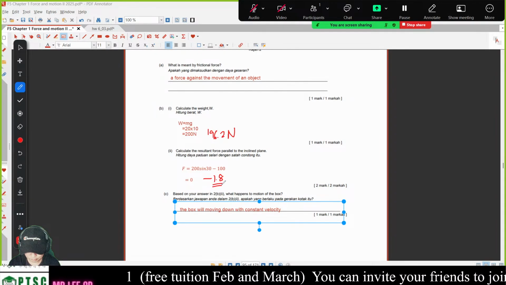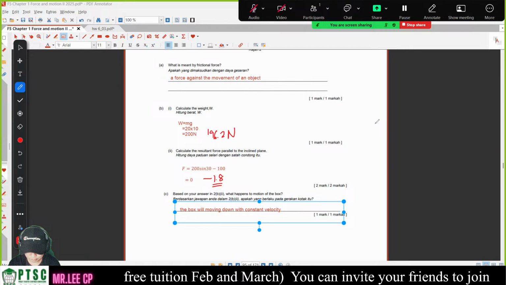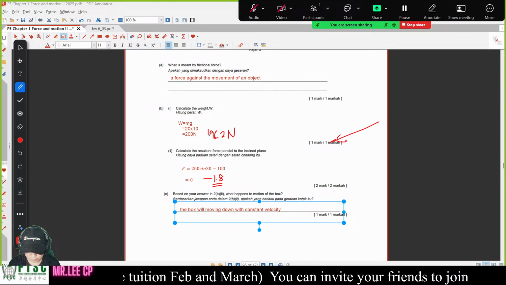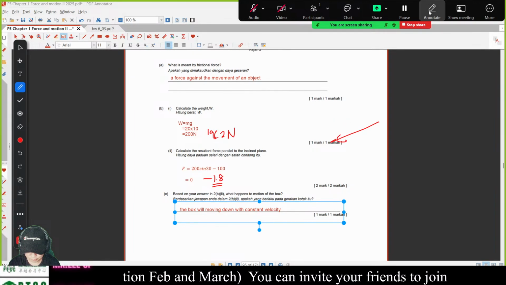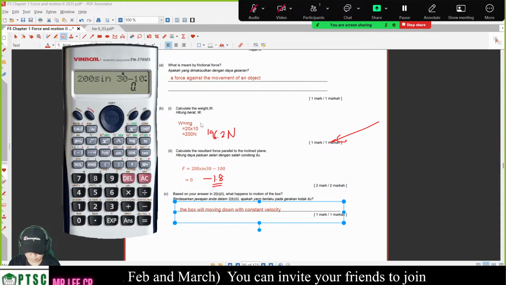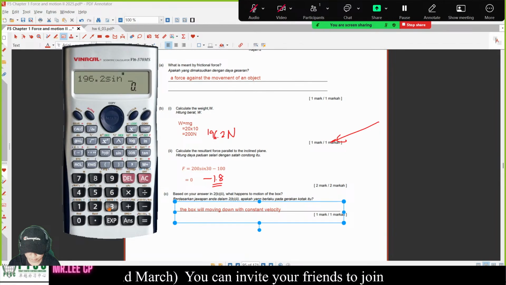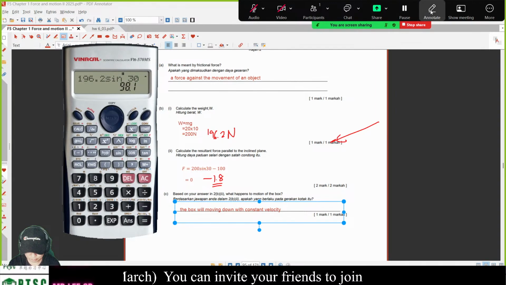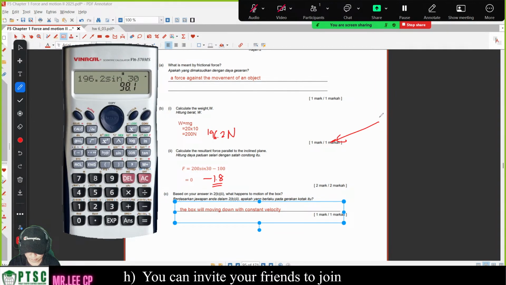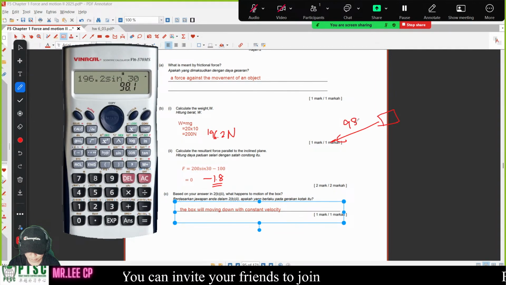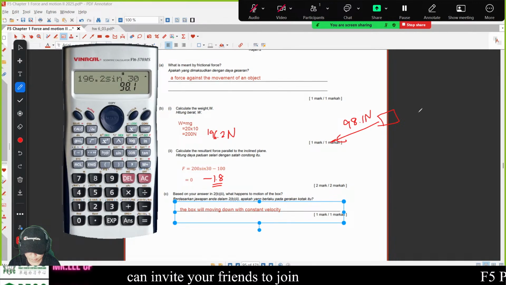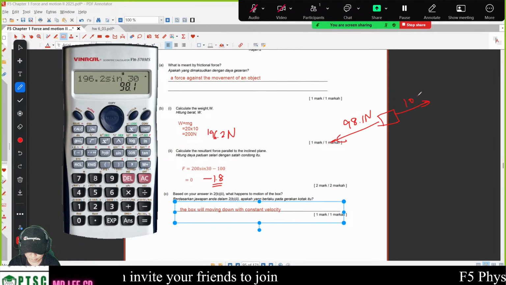Let's say the weight is 196.2, so the component down the slope is 196.2 sine 30, which is 98.1. So the box is pulling down with 98.1 Newton. But you got friction 100 Newton.